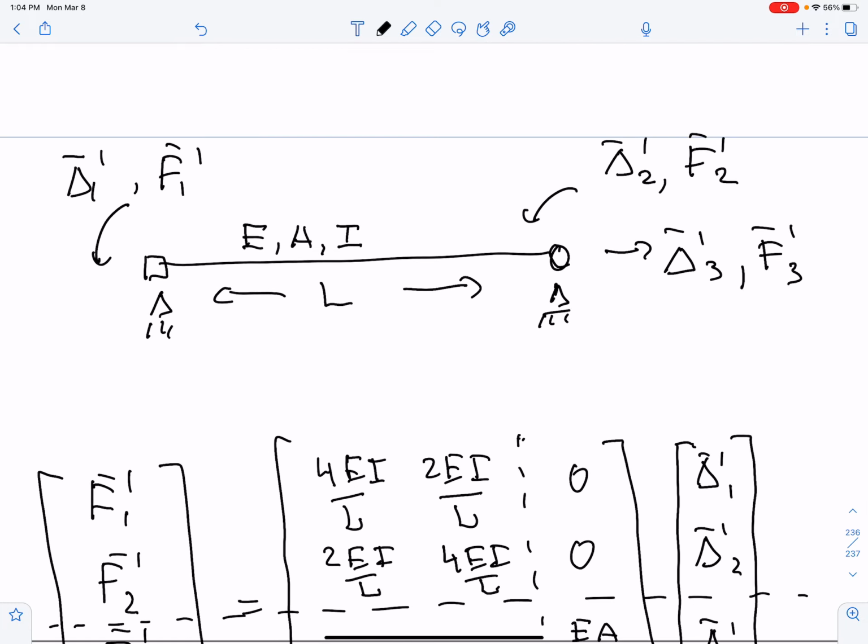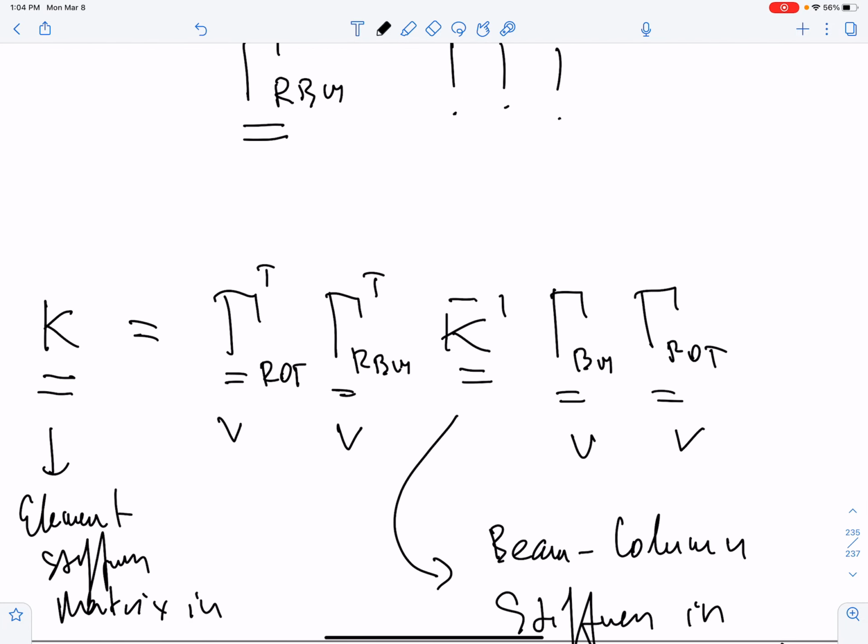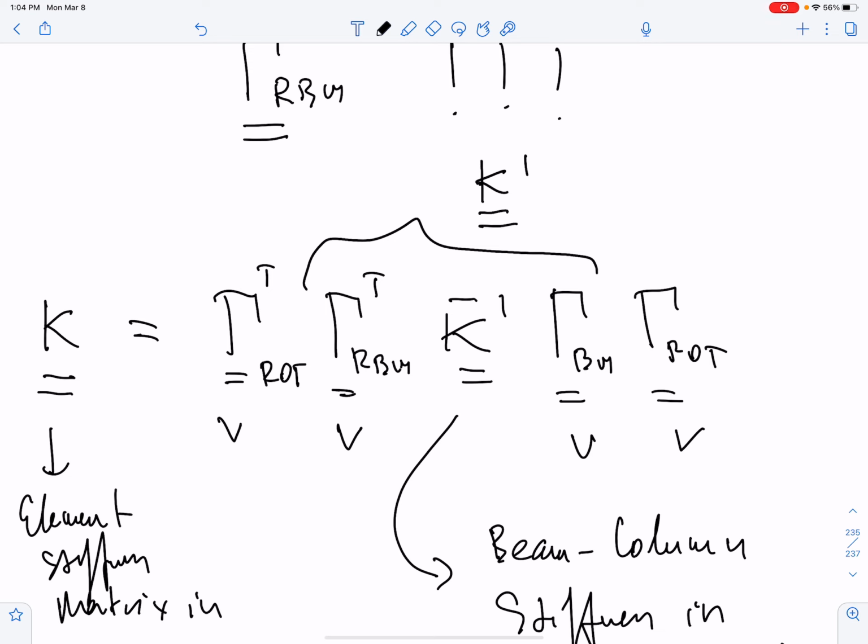So looking at this relationship here, you also pick up an intermediate object, which is kappa prime, okay? And this will be the element stiffness in local coordinates.